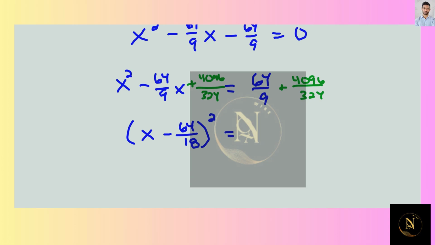So now on the right-hand side, we'll need a common denominator between 9 and 324. We can just scale this by 36. 36 times 64 is 2304.